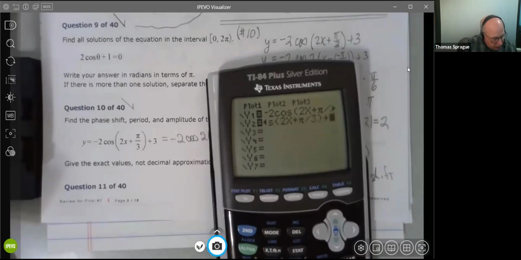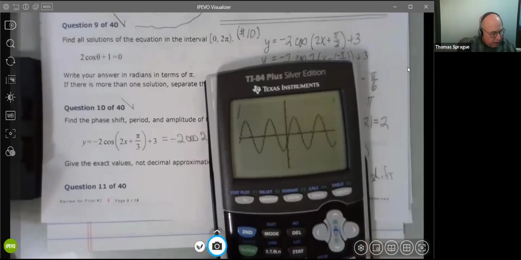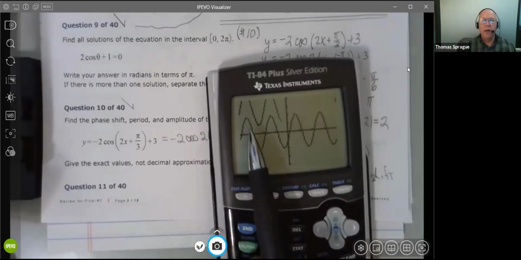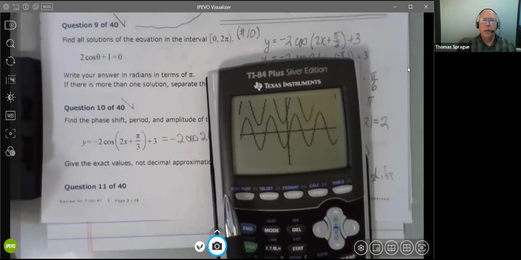And then I had a plus 3 here. See, it just lifts the curve up by 3 units. So not real interesting, but it does it.